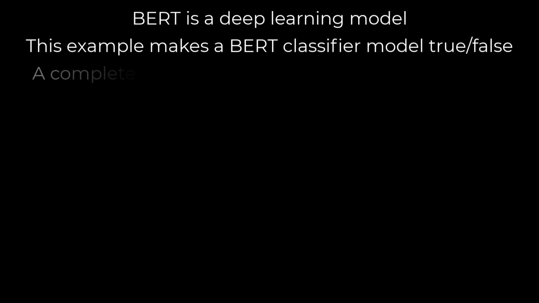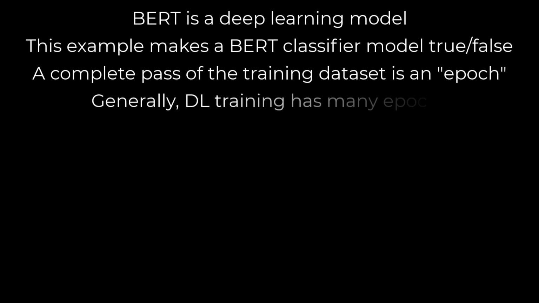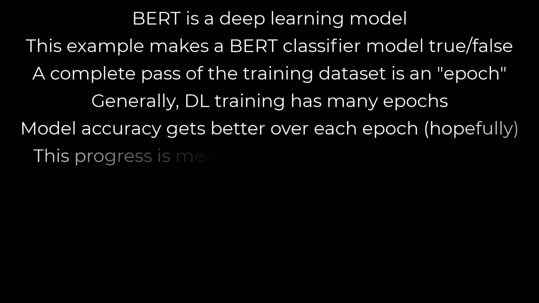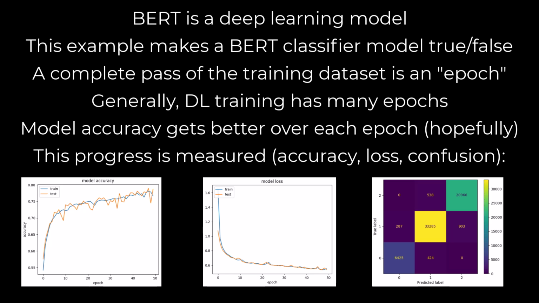Okay guys, so we're going to lay down some groundwork first. BERT is a deep learning model. We're going to use BERT to make a classifier, and an Epoch is a complete pass of our training data set. Generally we have many Epochs, and it gets better over time, and you'll see graphs like these.